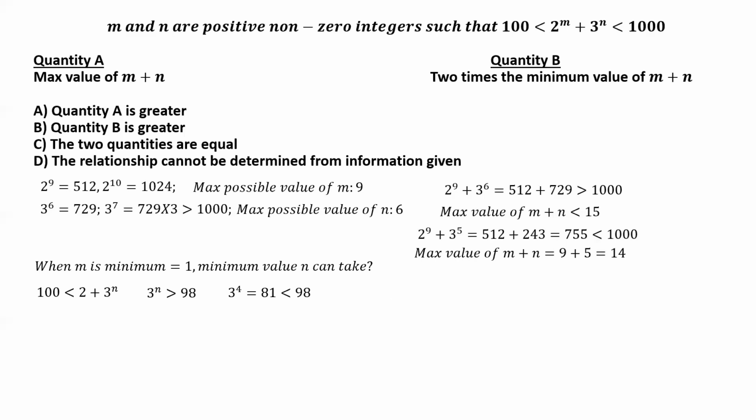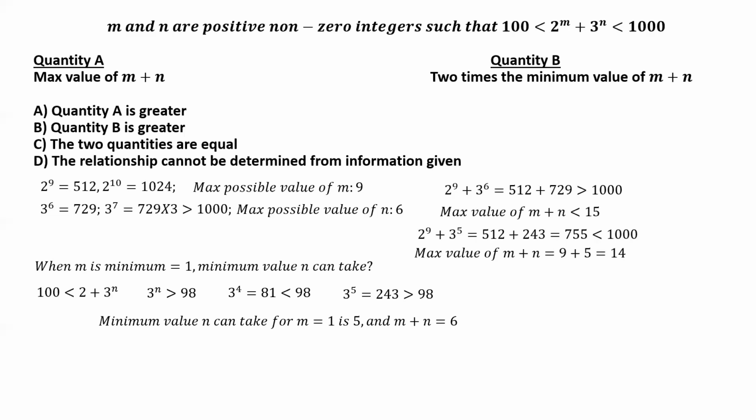But the very next integer exponent of 3 is 3 to the power 5, which is 243, and that's greater than 98. So for the lowest possible value that m can take, which is 1, the least value that n can take and still satisfy the inequality is n equal to 5. And in that case, m plus n adds up to 6.